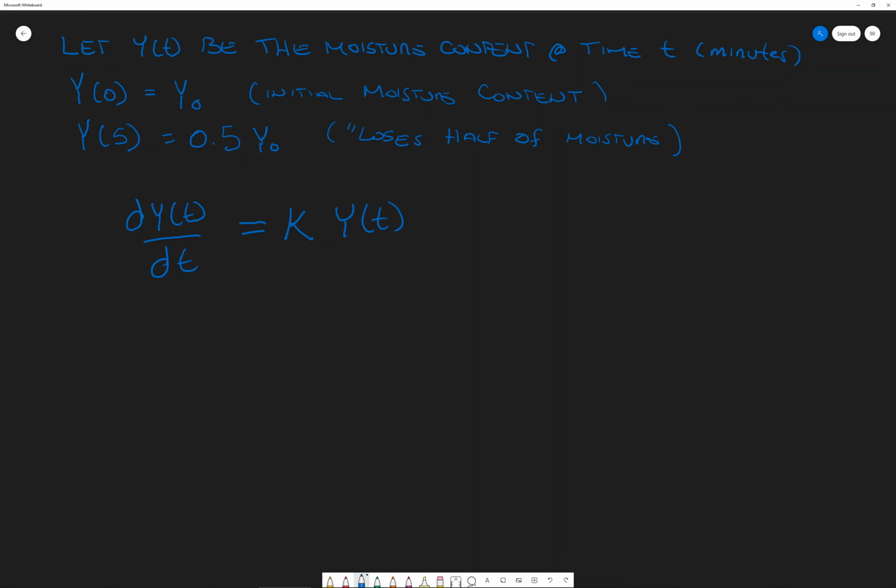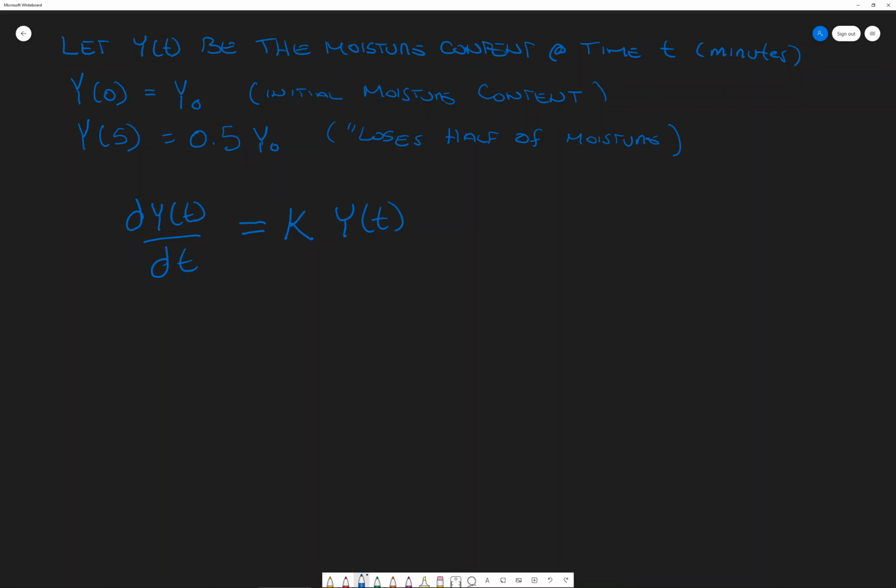Okay? All right. So now we have a differential equation, right? We have y prime equals k times y. Now, like we said before, we're going to solve by separation of variables. So what we need to do here is we can't have any dy's or dt's in the denominator.